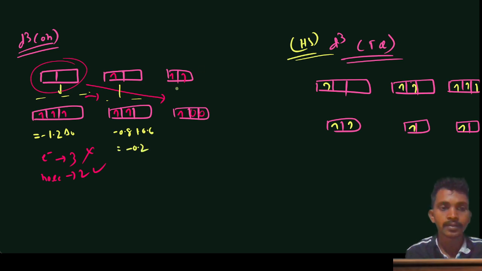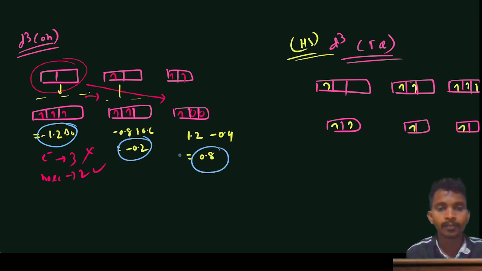For this case how much, 1.2 minus 0.4, that is going to be 0.8. So these are the CFSE values for this.